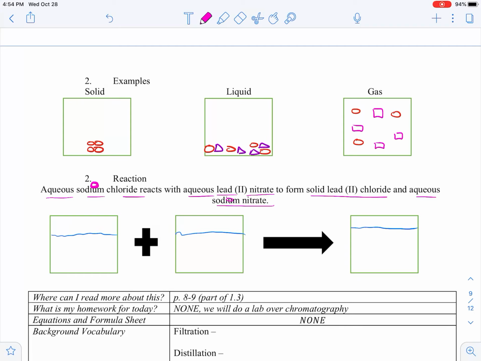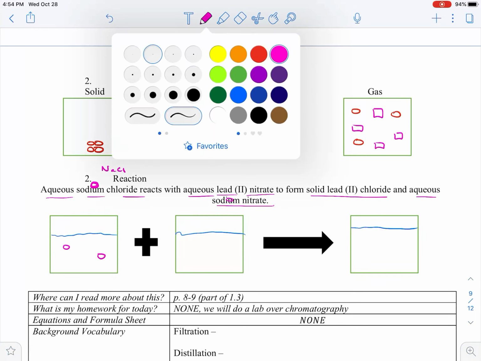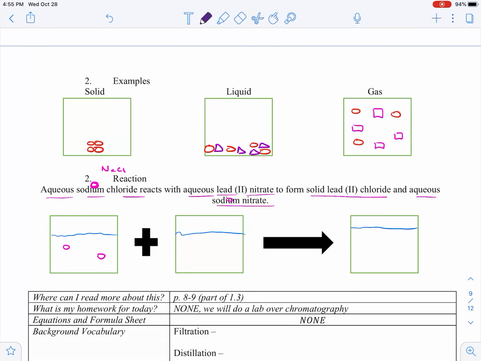So I'm going to draw 2 circles, and that will represent my sodiums. If we look at our formula for sodium chloride, it's NaCl, so if I have 2 sodiums, I need 2 chlorines. Let's make chlorine this purple thing, and let's make it some squares. If I have 2 circles, I need 2 squares. So my chloride is going to be that square.